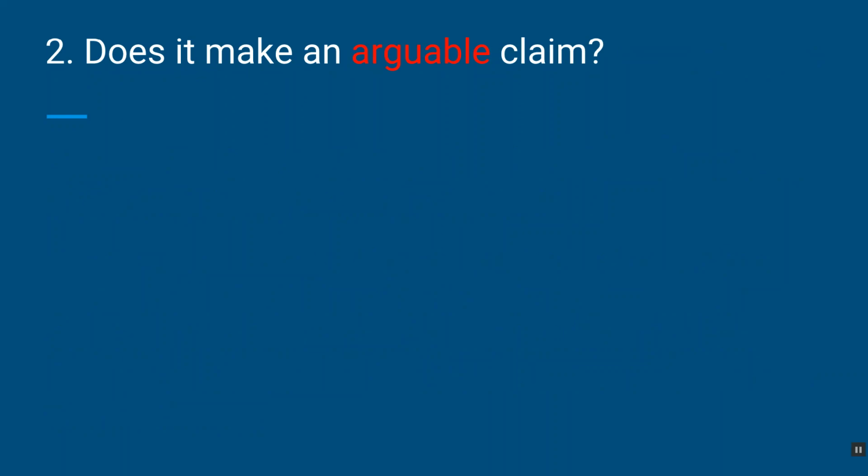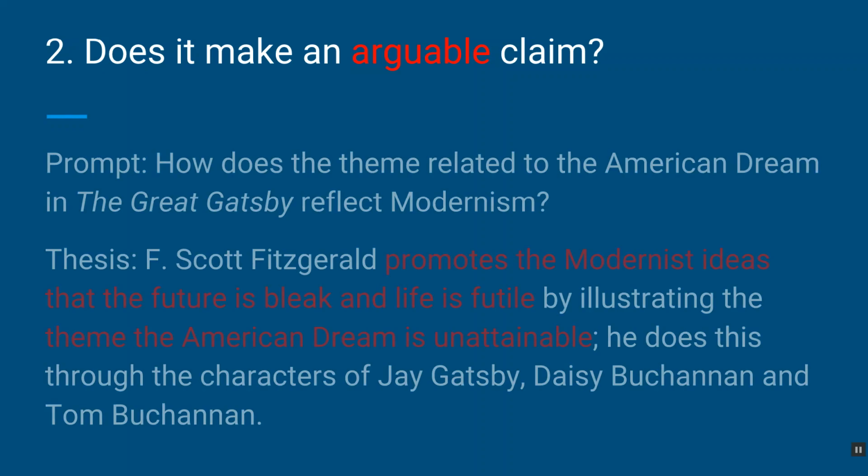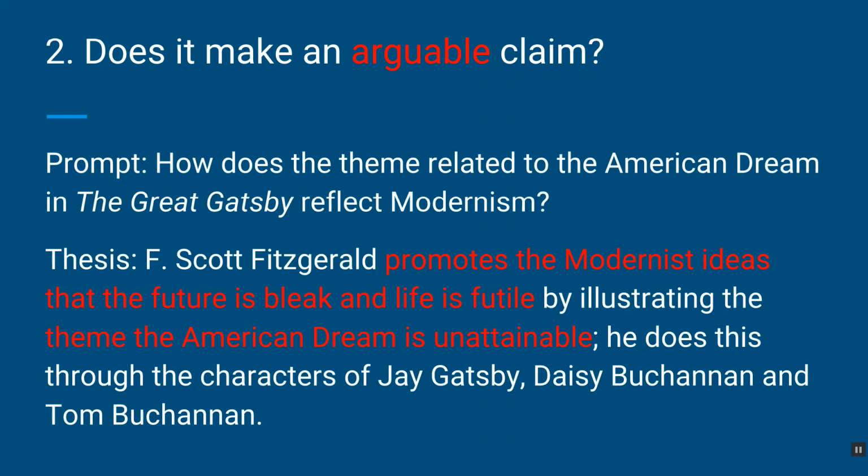Next, does it make an arguable claim? So in order for a claim to be arguable, you want to say something that somebody could really refute or look at in a different way. So in this thesis, there's a couple of pieces to the arguable nature of the statement. The first is that it promotes the modernist ideas that the future is bleak and life is futile.